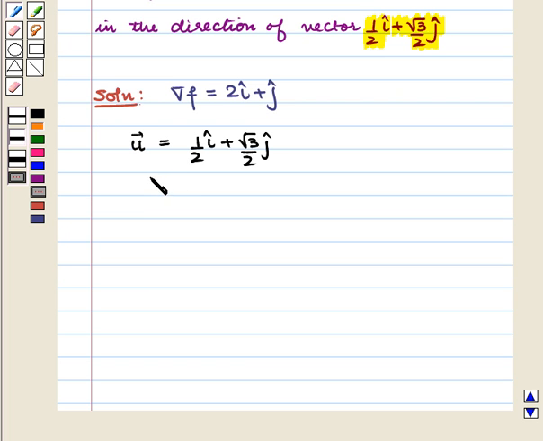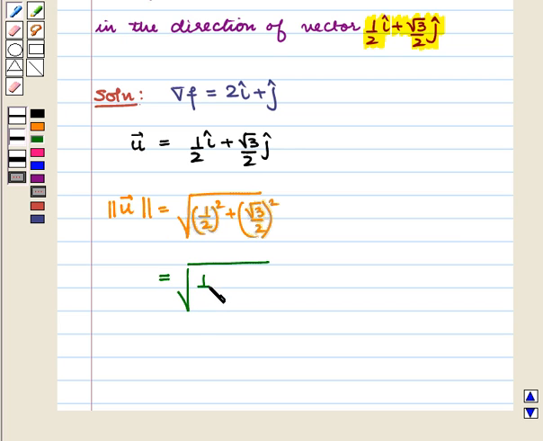We will have to first check whether this vector u is a unit vector or not. For this, we find norm of u, which is equal to under root of 1 by 2 square plus root 3 by 2 square, which is equal to under root of 1 by 4 plus 3 by 4, which is equal to under root of 4 by 4, which is equal to 1.